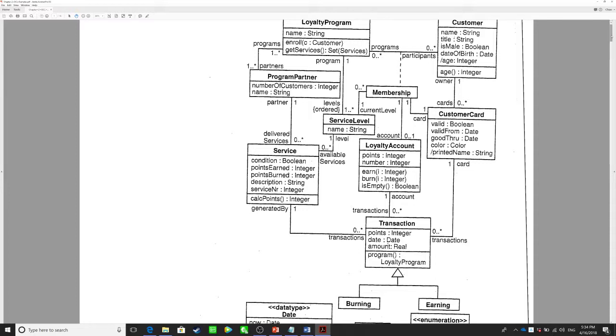Basically every store has this sort of loyalty program, right? So this is a model, a UML diagram for that company. The company manages the loyalty program for different clients. Maybe Delta Airlines is one of their clients, United is another, and Kroger is another client, something like that.